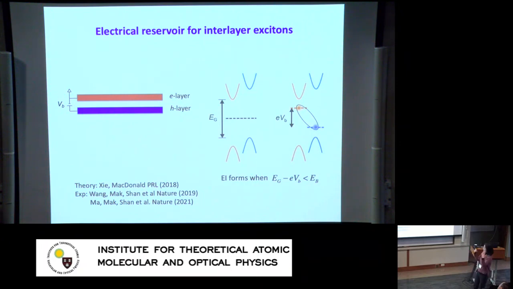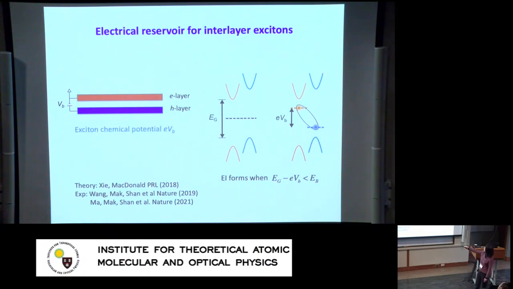So now if I increase my bias voltage, at some point the effective band gap, which is the difference of original band gap, subtract this bias, will be smaller than electron hole binding energy. So in that case, electron and hole can emerge as an exciton. So that's the idea.